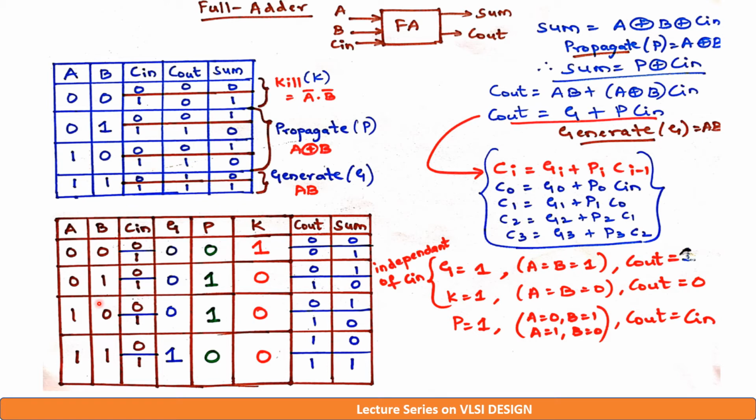Based on this, we can write one more truth table with A, B, C in, generate, propagate, kill, Cout and sum. A is 0, B is 0, there is no generation of carry. Carry gets deleted or carry will be killed. Therefore, kill is 1, generate and propagate are 0.